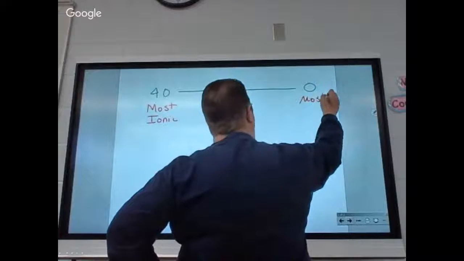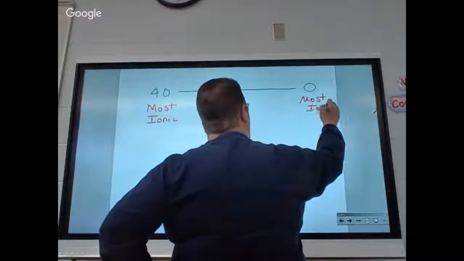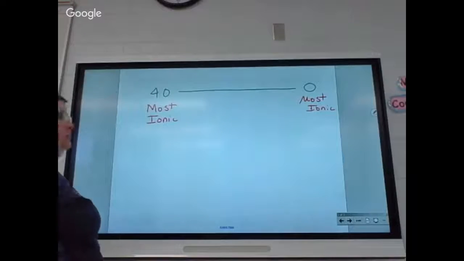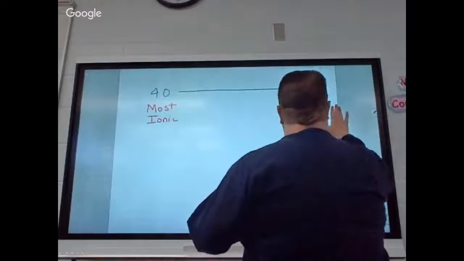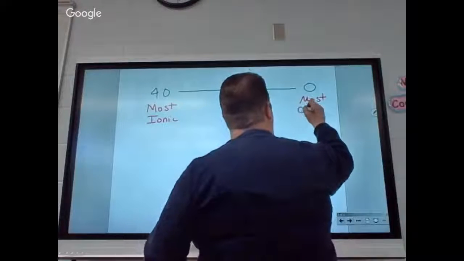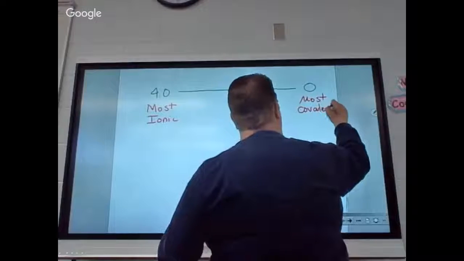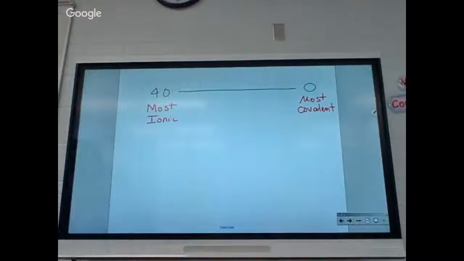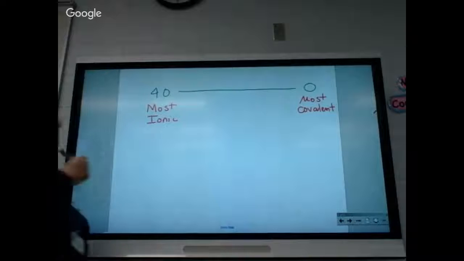So if I want you to put these in order of increasing ionic character, which number would we have to go towards? 4. That's right.